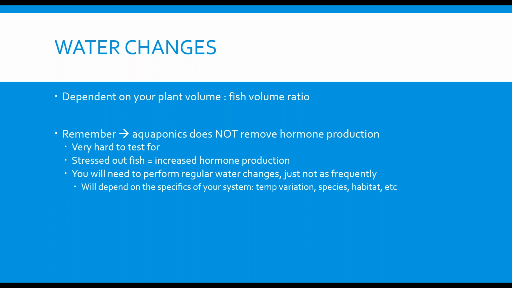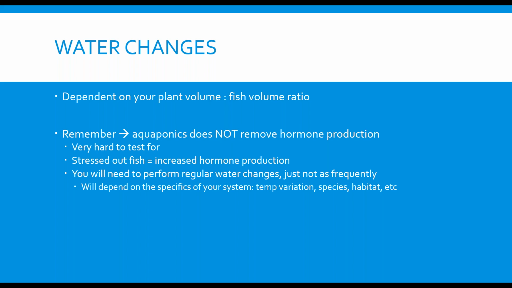So if your stocking density is too high, or if you don't have enough plants, your water quality is going to go down. You might have reproductive issues. All of these will lead to more hormone production, and unfortunately, the plants are not going to take this out of the water. So if this is the case, you will need to perform regular water changes, just not as frequently.